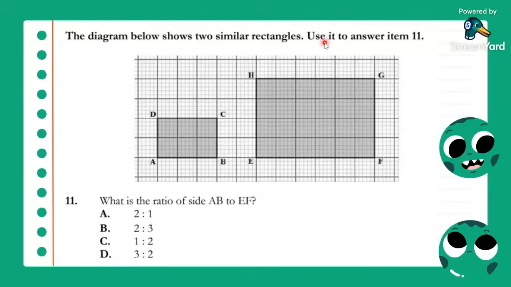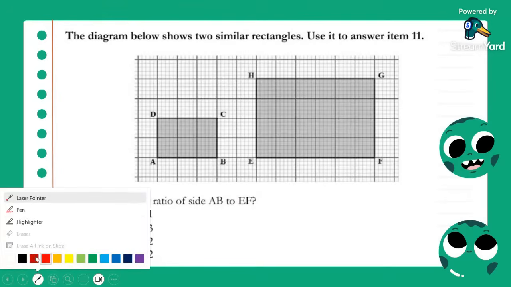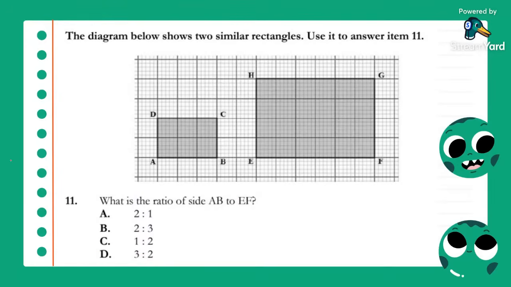All right, so let us break this down. Now, when we're thinking about similar, we want to talk about proportion. In grade 6, you may have learned this word already, proportion. So here it says, what is the ratio of AB to EF? And I want to identify AB to EF.